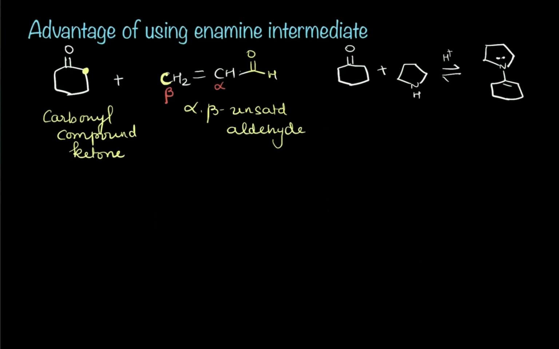That would be the first step. Once the enamine is created, the enamine is actually going to act as a nucleophile onto the beta carbon of the alpha beta unsaturated aldehyde. So this is the structure of the enamine.